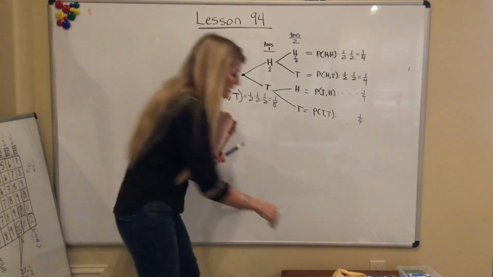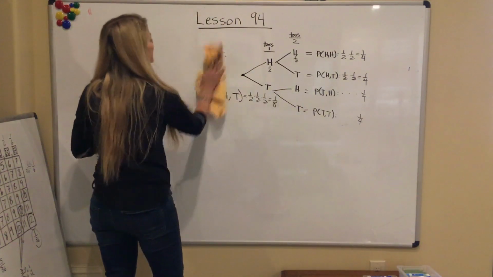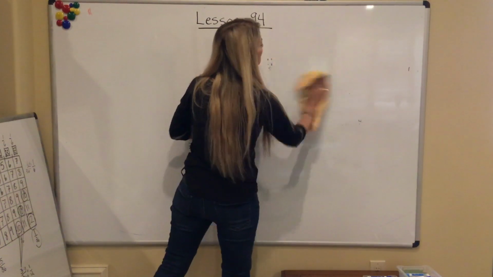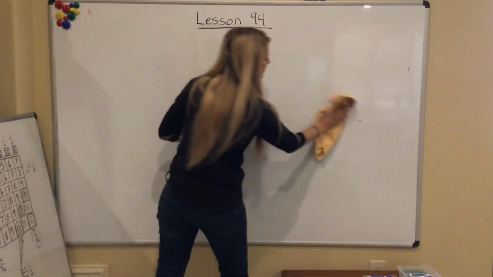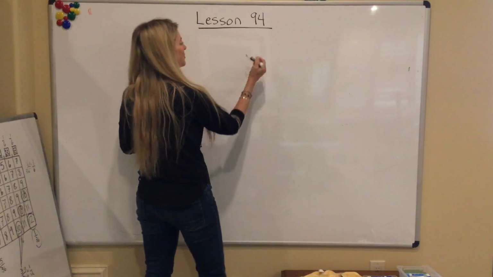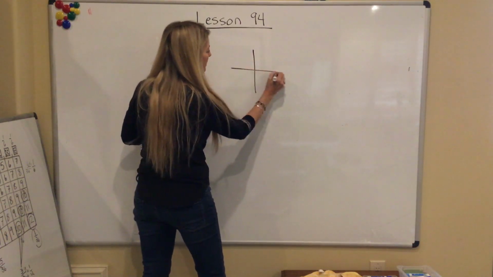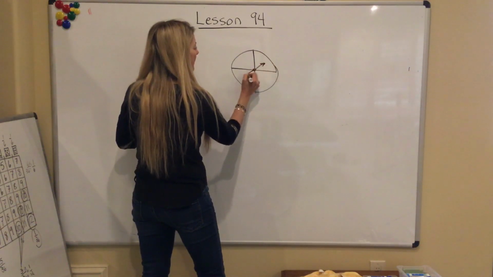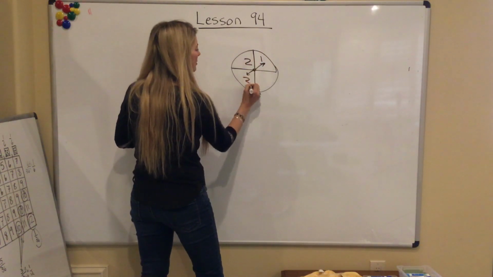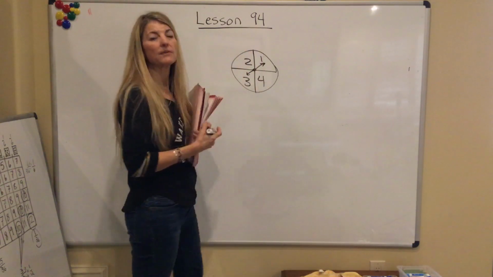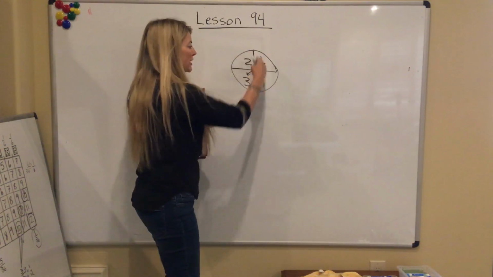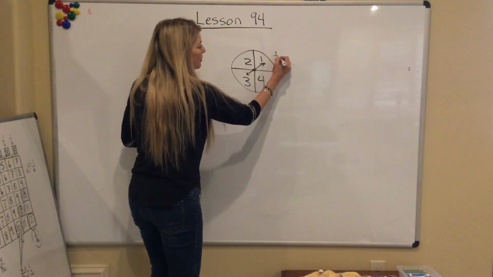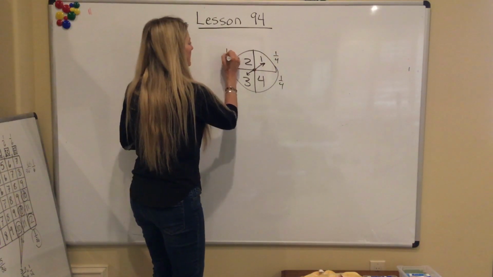The other thing that's in your book is looking at a spinner. If you have a spinner with 4 congruent quadrants, or sectors, like this, and you can get 1, 2, 3, or 4 on a spin, the probability of each individual number is 1/4, 1 out of 4 possibilities.